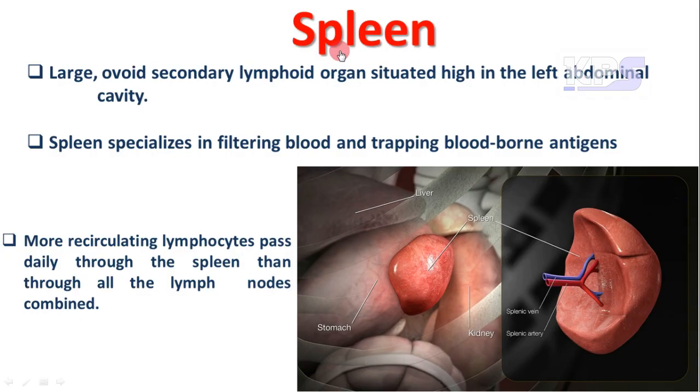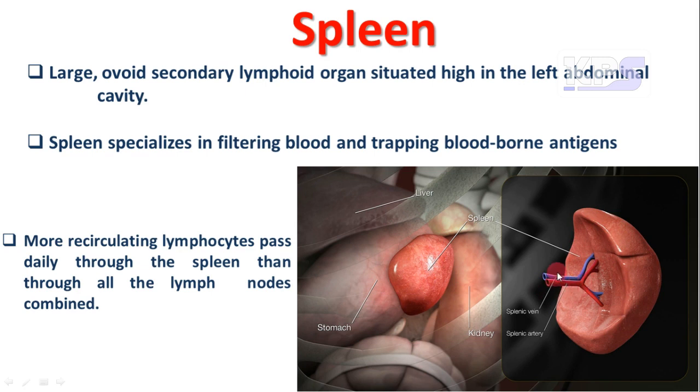Now we can discuss the second type of secondary lymphoid tissue, that is the spleen. The spleen is a large ovoid secondary lymphoid organ situated high in the left abdominal cavity. In the left abdominal cavity near the stomach, you can see an ovoid structure, namely the spleen.